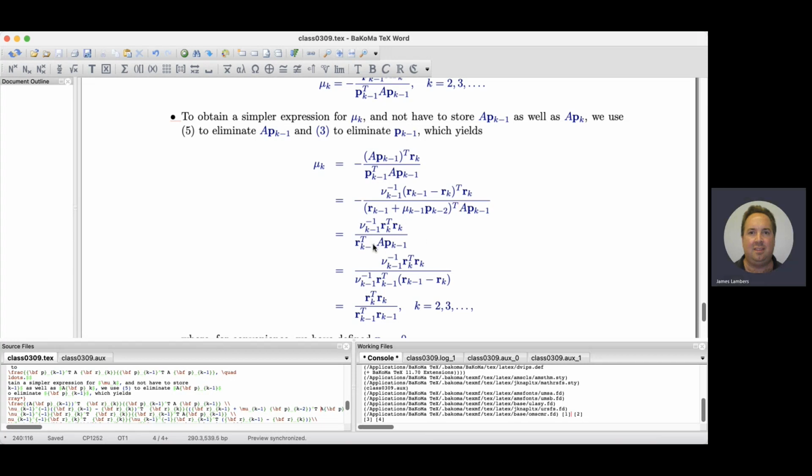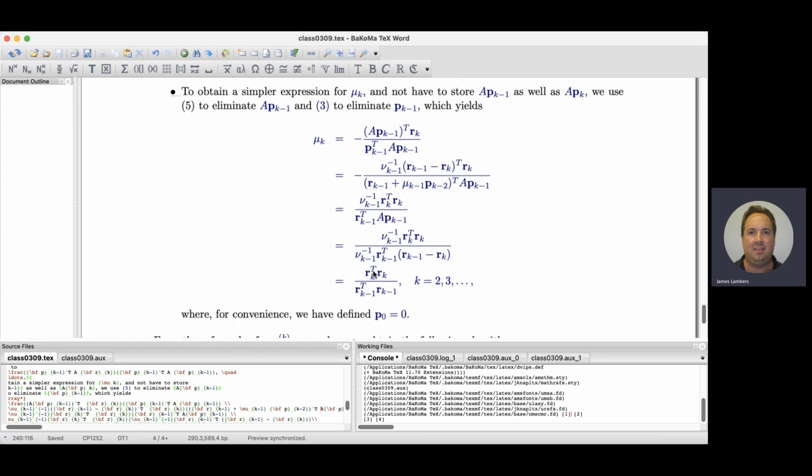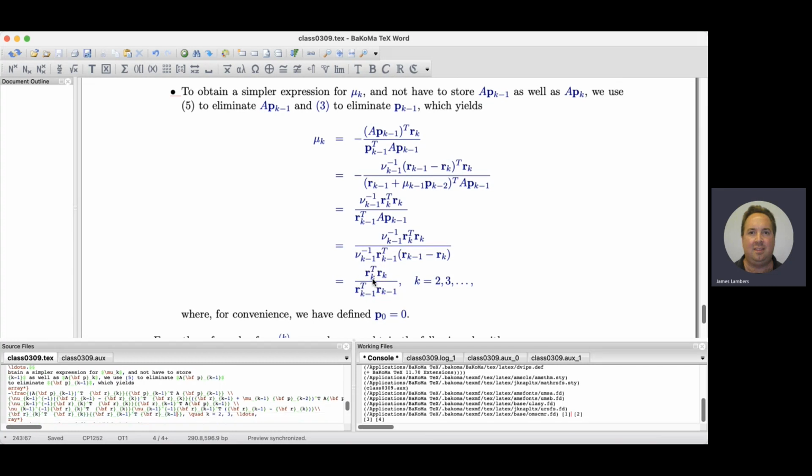And now I have this. But again, A times the search direction can be expressed as the difference of 2 consecutive residuals. The residuals are orthogonal, so rk minus 1 transpose rk is 0. So now I'm left with this. So now I have no matrix vector products in the definition of mu k at all. It's a nice simple formula involving the dot products of 2 consecutive residuals with themselves.